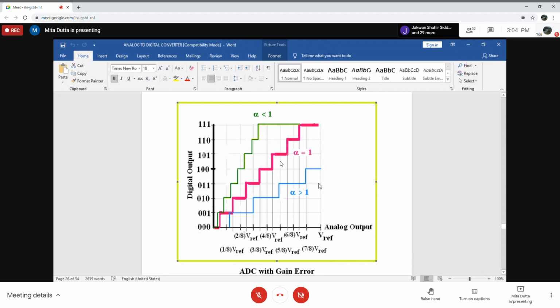Whereas if alpha is greater than 1, then the quantization step will be bigger, so the output will never reach its state 111.